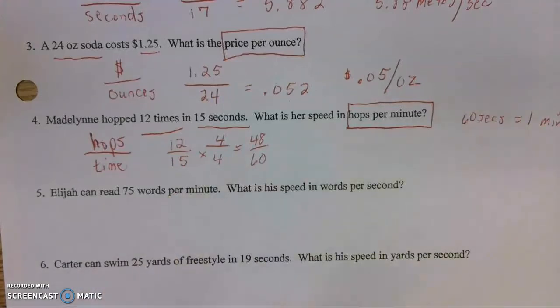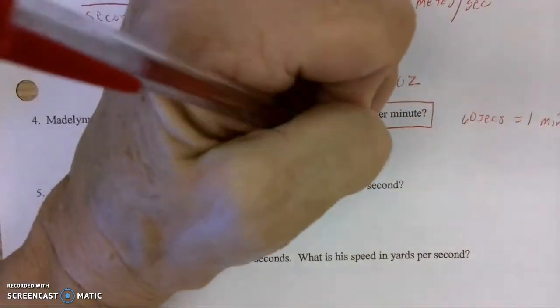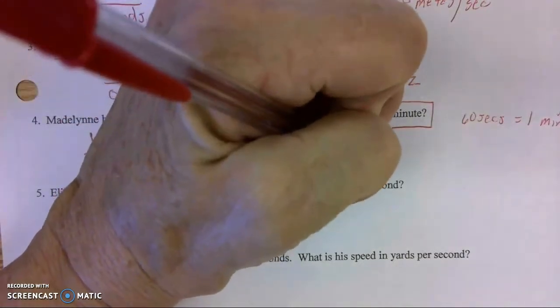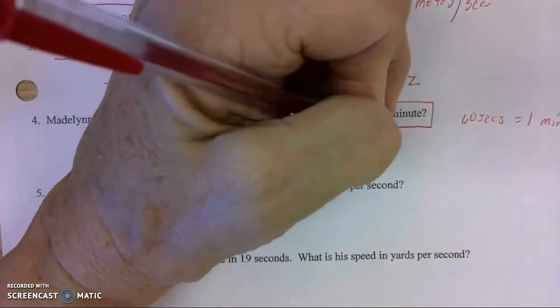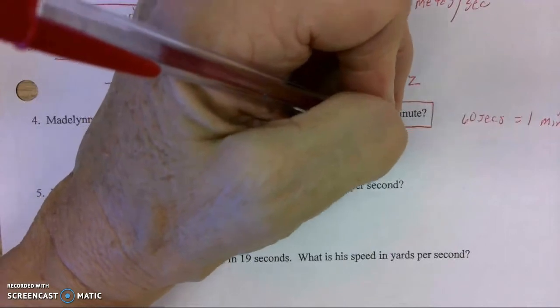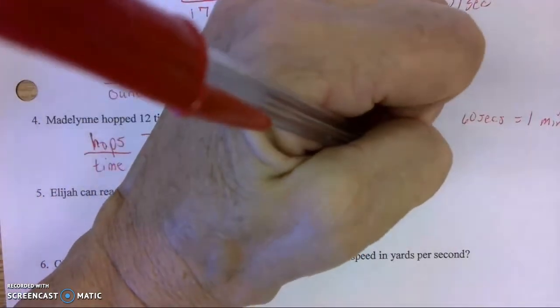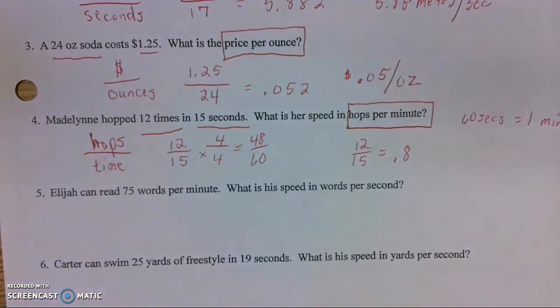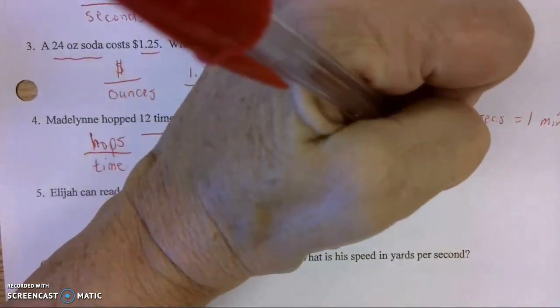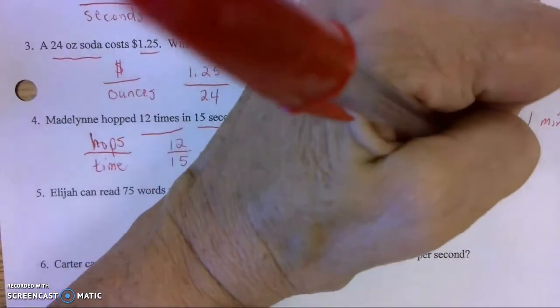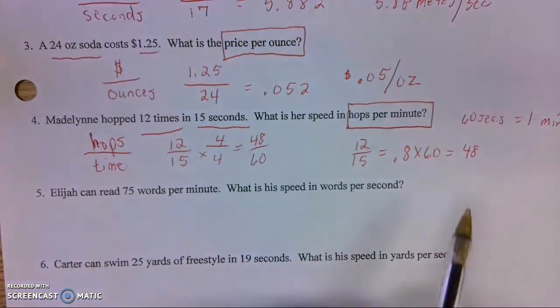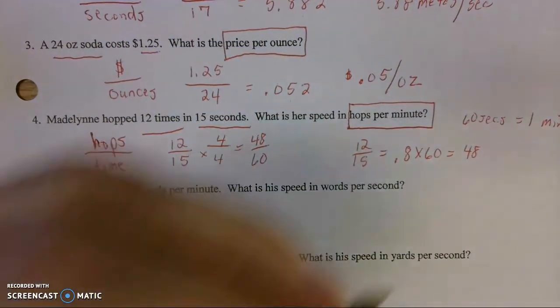The other thing you can do is you could do 12 divided by 15, and 12 divided by 15 is going to be 0.8, and then 0.8 times 60, because there are 60 seconds in a minute, will give me 48.